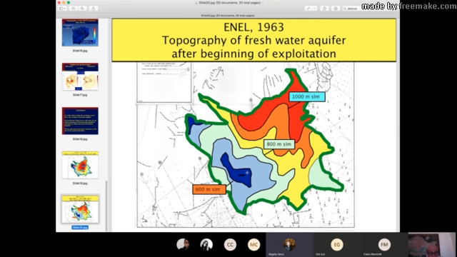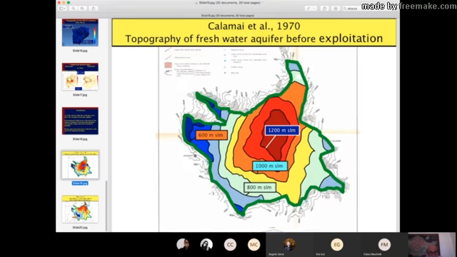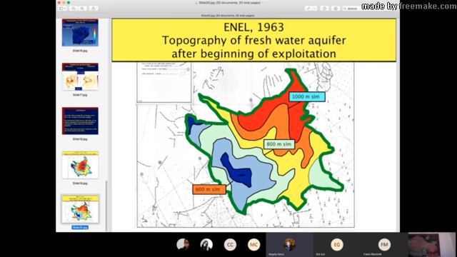Let me go back to the slide before. Can you see it? Yes. So here, I will leave my cross right here, where I have above 1,200 meters elevation above sea level. This is the water table. Okay. And I'll put it back there.